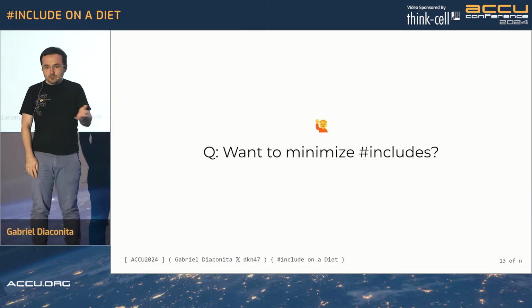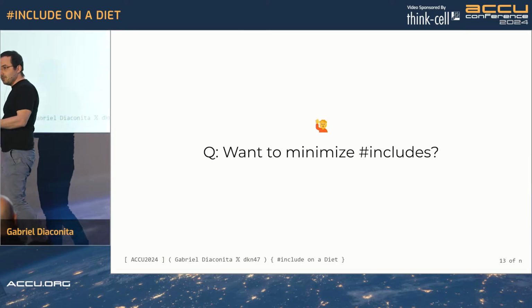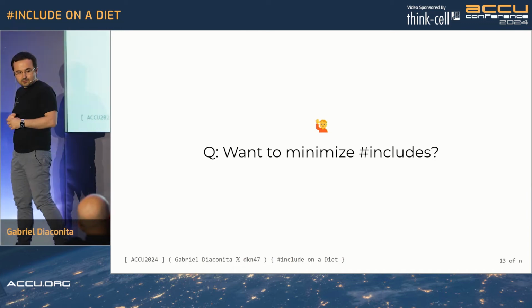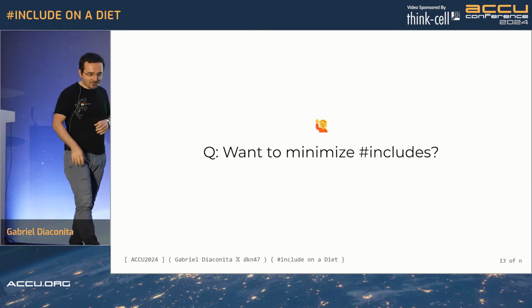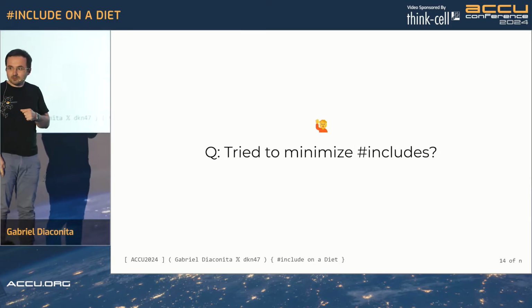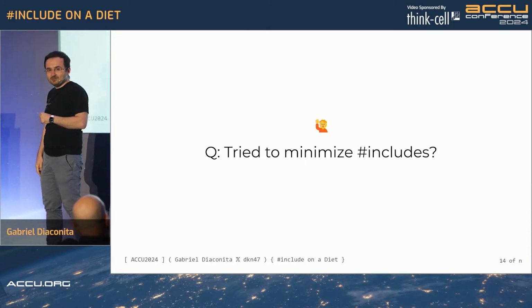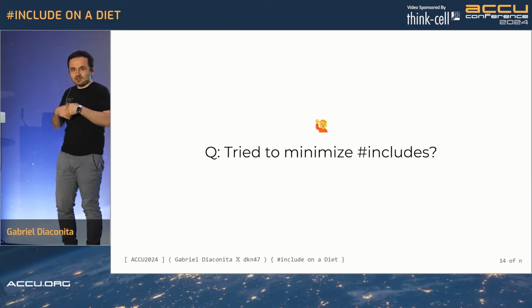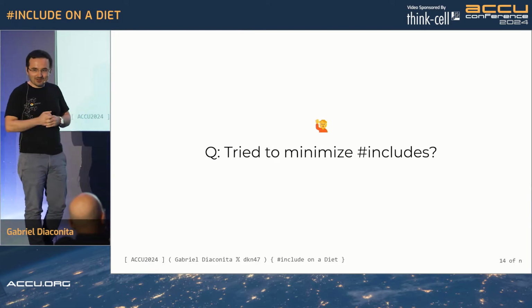So who here wants to do such a task to actually minimize their includes in the code? You're in the right room. Who has tried to do this? How did it go? Who has finished actually and accomplished it, has reached a desirable outcome?